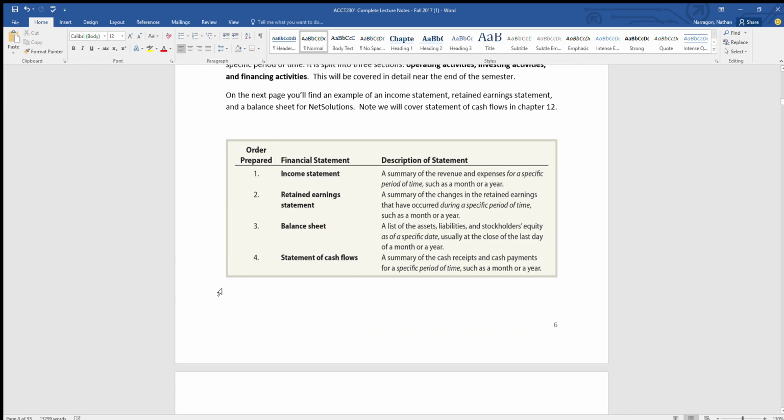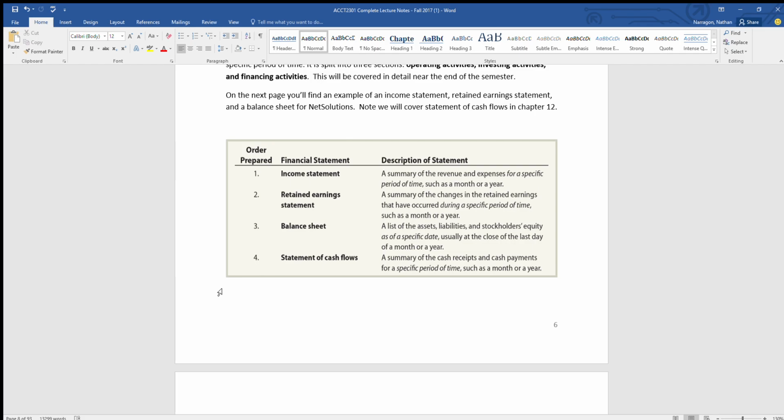And as you can see, here is the order that we actually prepare the statements. The balance sheet is always going to be around, so it will come to us. But the first statement that we like to do is the income statement. Basically, we want to know what the revenue and expenses are, because the income statement is going to feed into the retained earnings statement because it produces the net income.